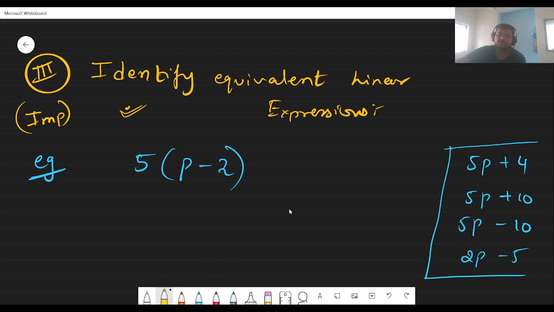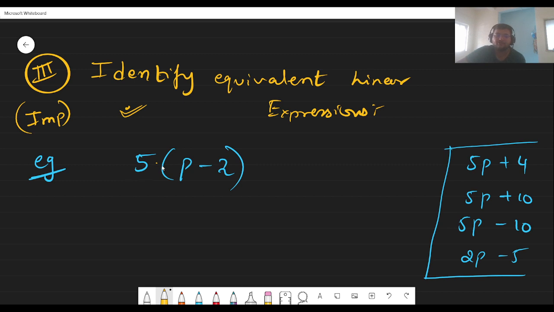As I said earlier in my sessions, whenever there is a bracket and a constant number is multiplied by the bracket, we have to apply the distributive property. Distribute means to give it to someone else, right?